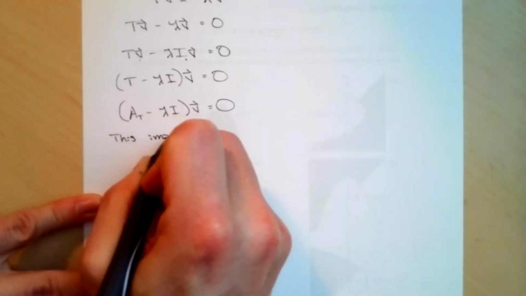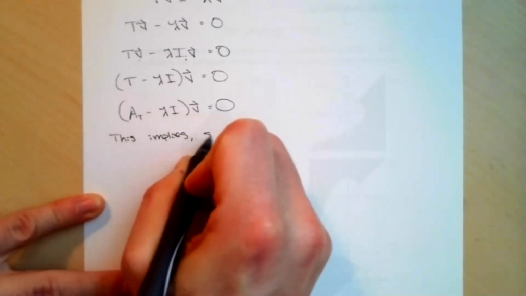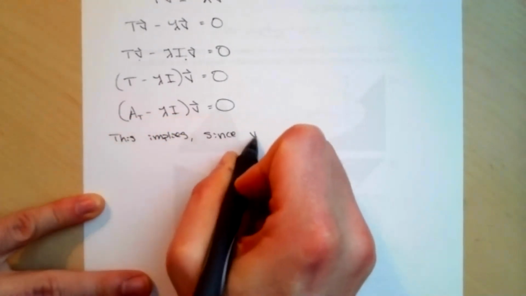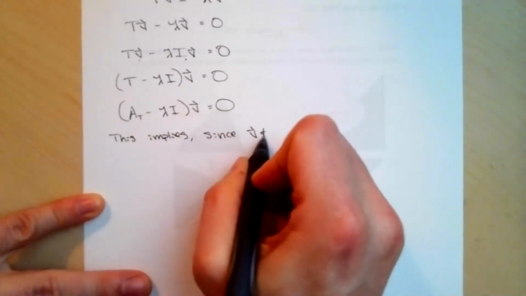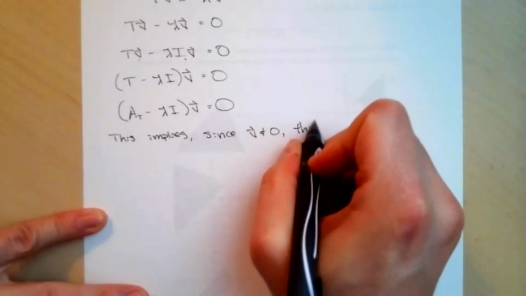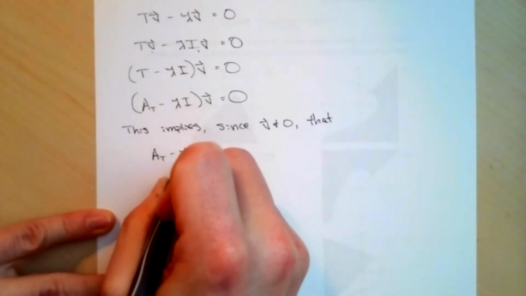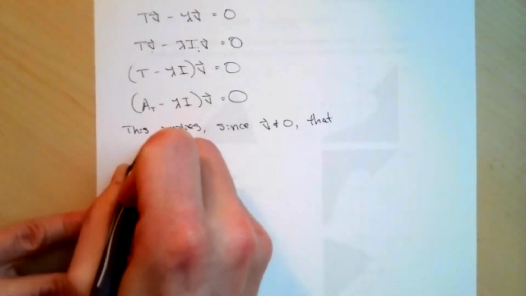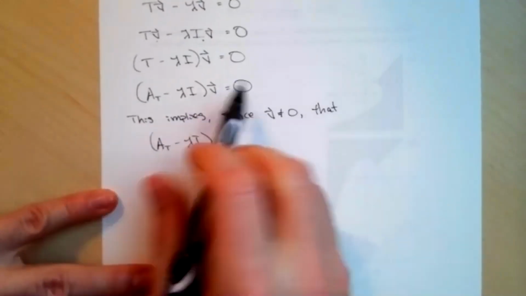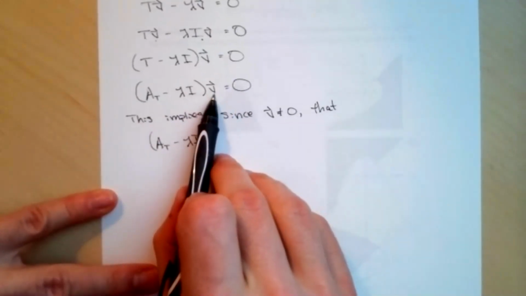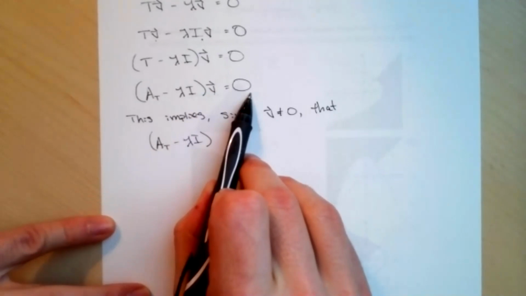And so moreover, what does this imply? Since V is non-zero, well, what do we have? We have a non-zero vector. This is now a matrix or a linear transformation that sends some non-zero vector to 0.